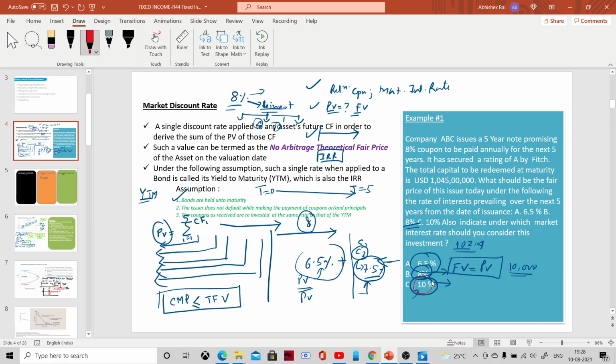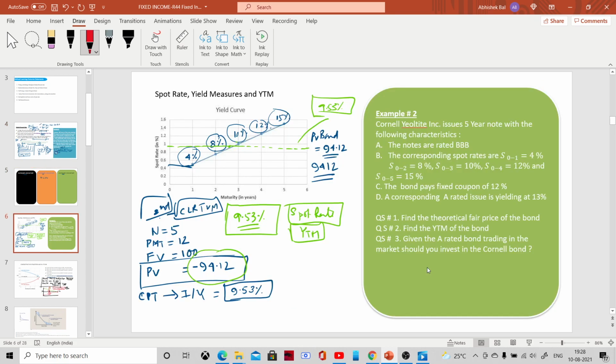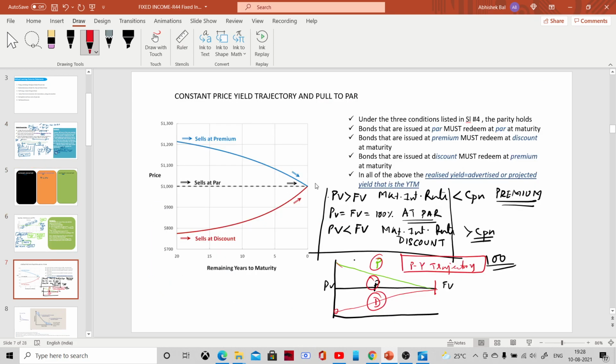When it is, say, floated at 10%, and we found out the price. Now what happens is that with every passing year, the bond will accrue something, it will add on to something, so that it reaches the face value of 100.